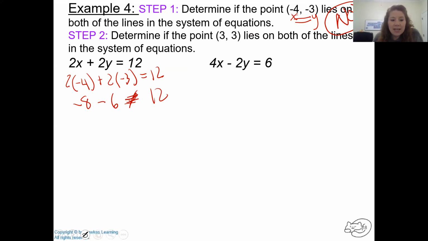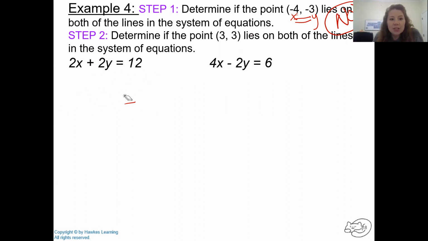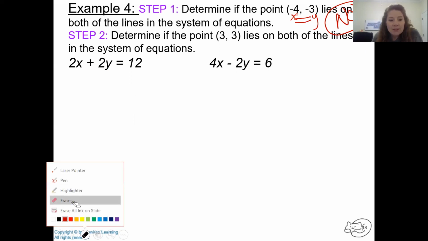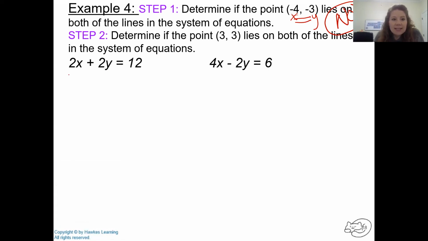All right, let's check out the second one. The second ordered pair, they gave us 3, 3. We want to see if it's a solution. If x is 3 and y is 3, well, 6 plus 6 is 12. I know that's true.